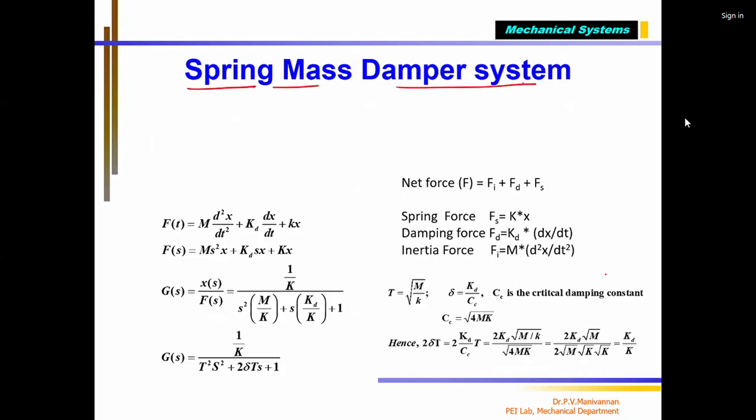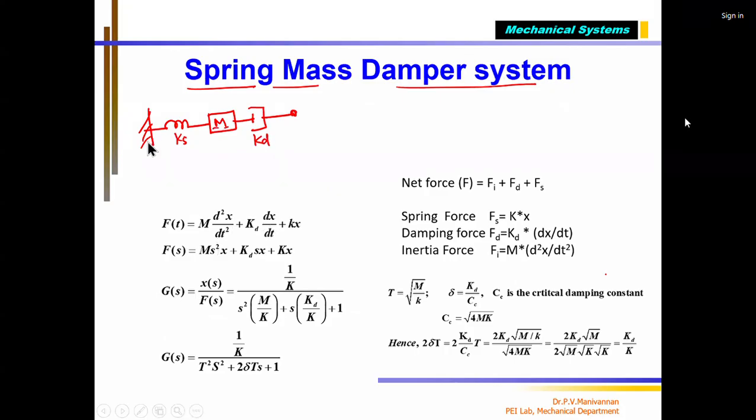So the spring mass damper system will have a spring element, and it has a mass element, and it is connected to a damper. This is KD, the damping constant.